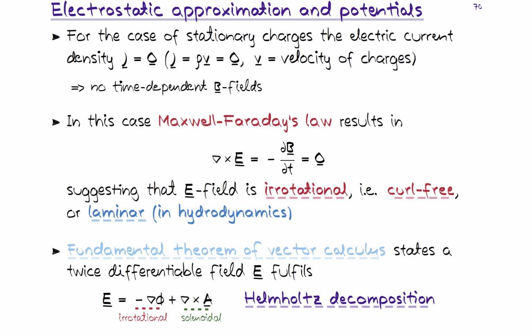This decomposition is also known as the Helmholtz decomposition, and it's extremely useful at times. So please at least acknowledge that there are these ways that we can describe vector fields, that they have a specific type of structure and specific properties.